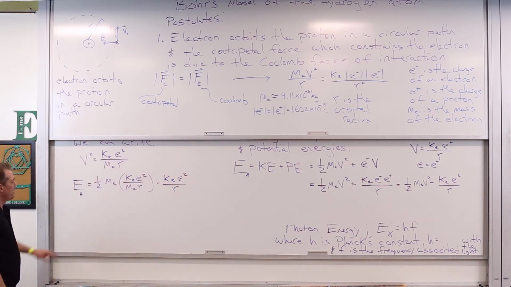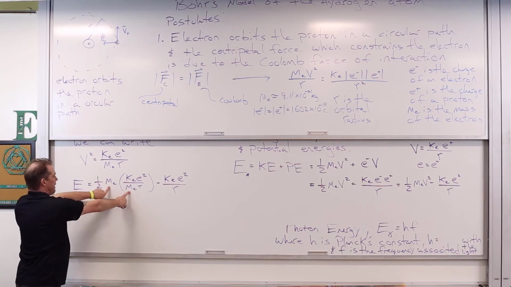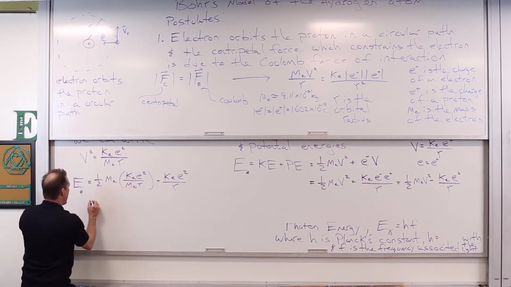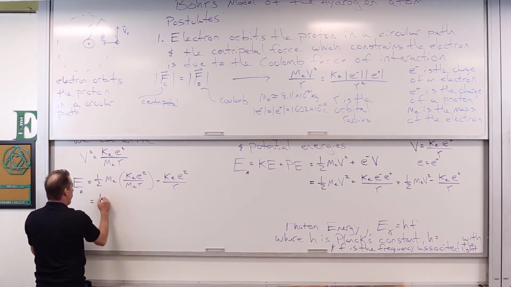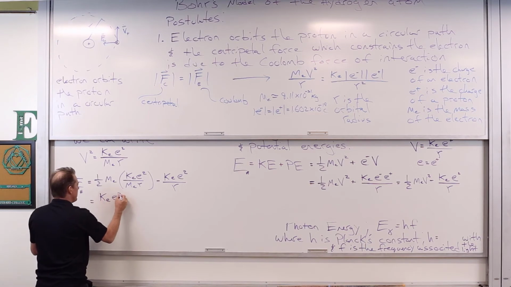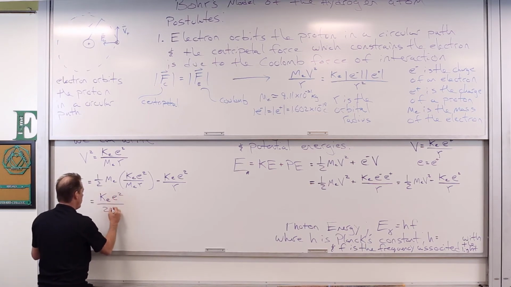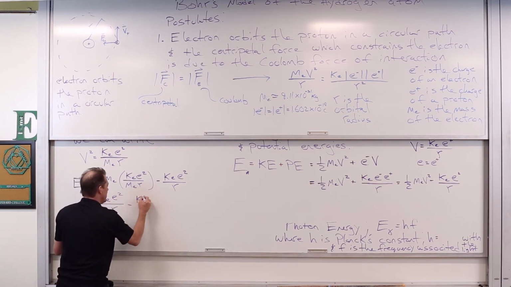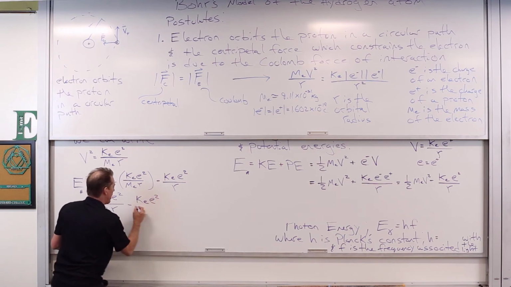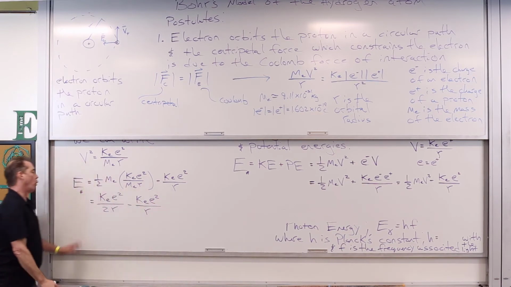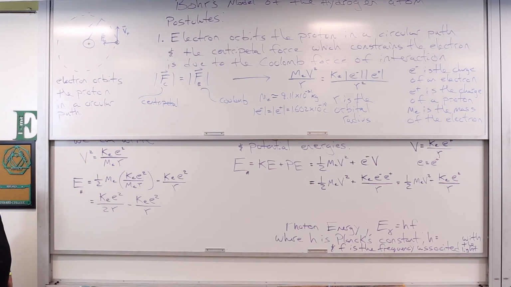One thing you should notice here, m sub e cancels out. And we are left with k sub e, e squared divided by 2r minus k sub e, e squared divided by plain old 1r.